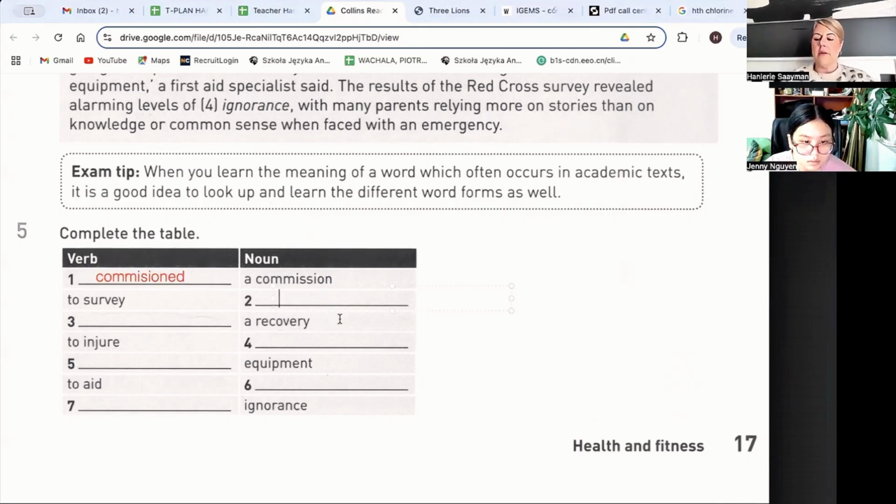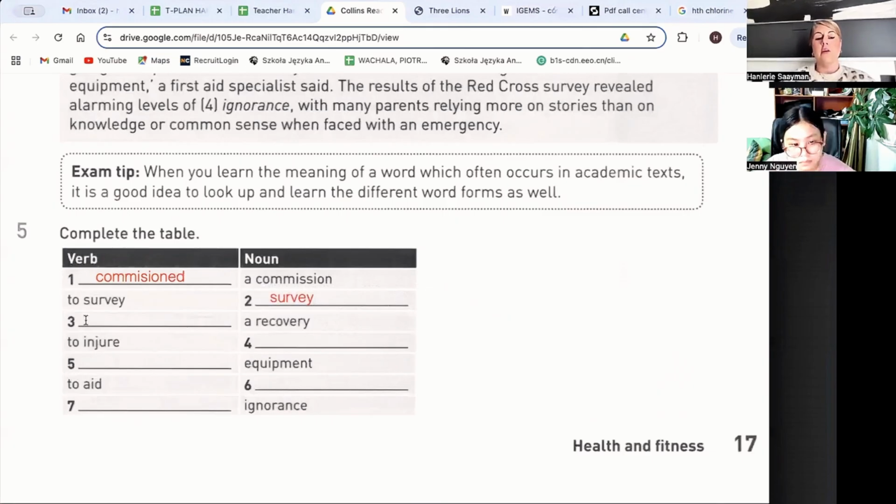To survey, or for example, this one. As a noun, we would say, for example, this would just be survey. Okay.